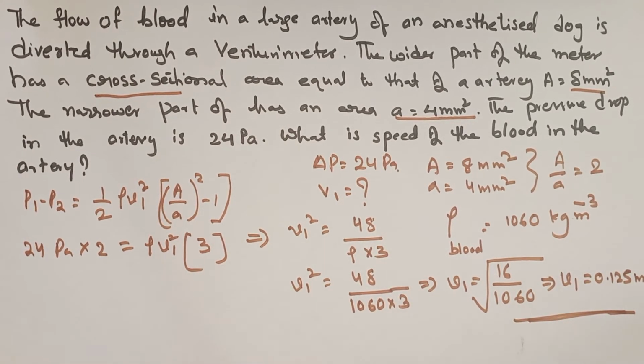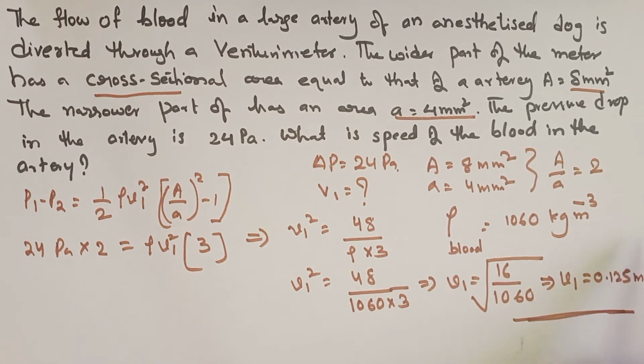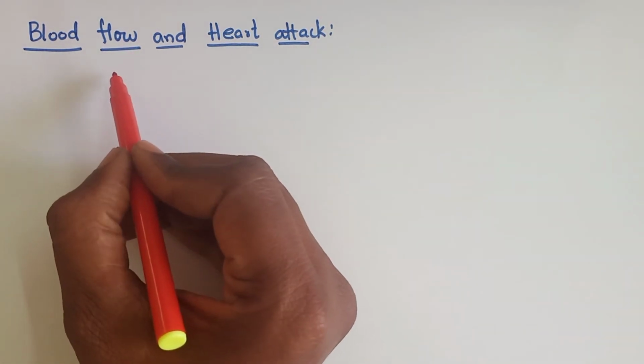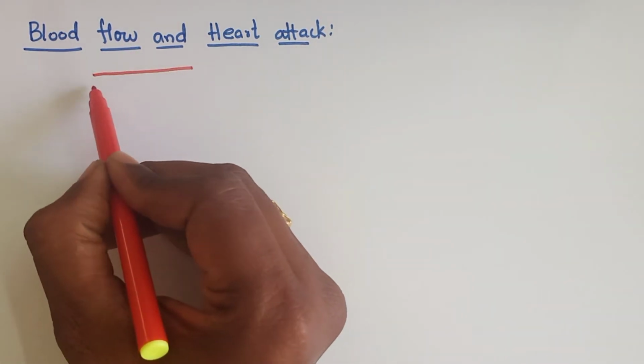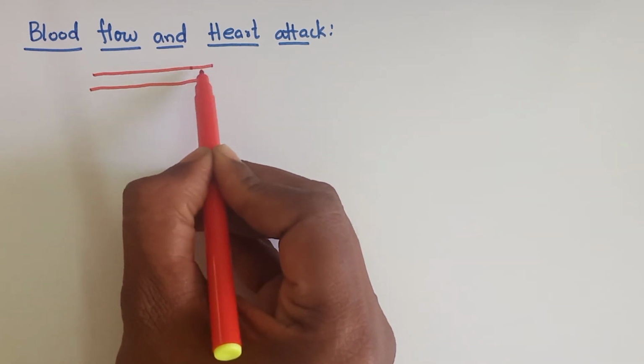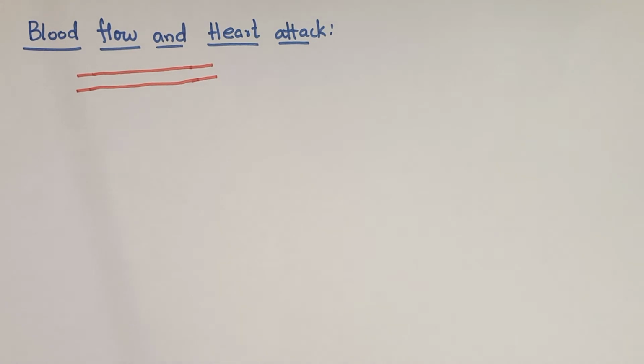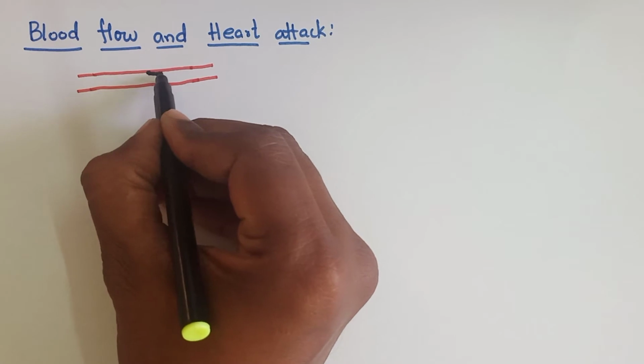What we have seen earlier is a simple followed problem. Now blood flow and heart attack: what is the phenomenon or principle involved in the heart attack of humans? Generally arteries are connected to the heart. Suppose this is the artery. Generally plaque-type obstructive material might be formed due to excessive cholesterol.